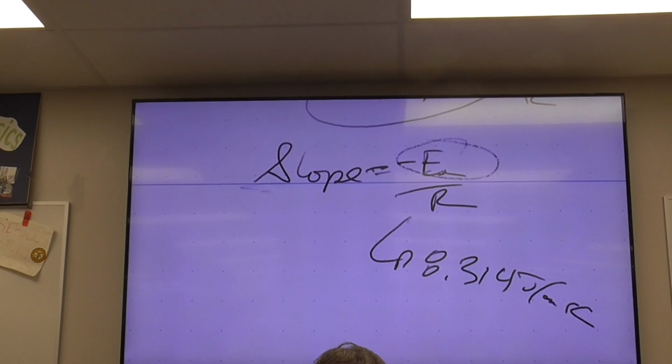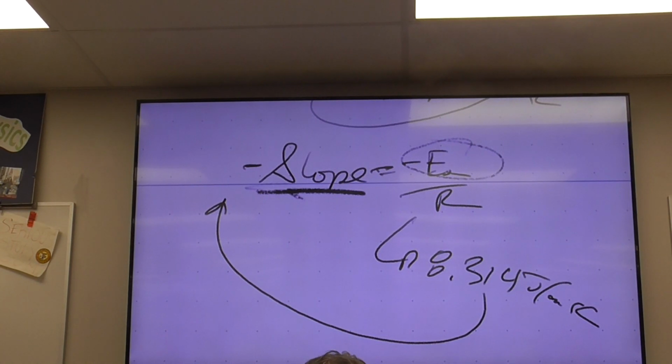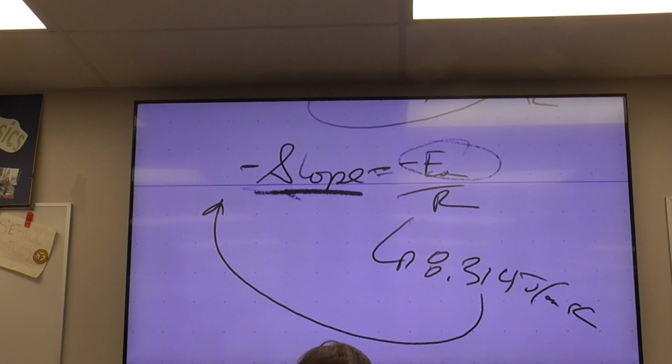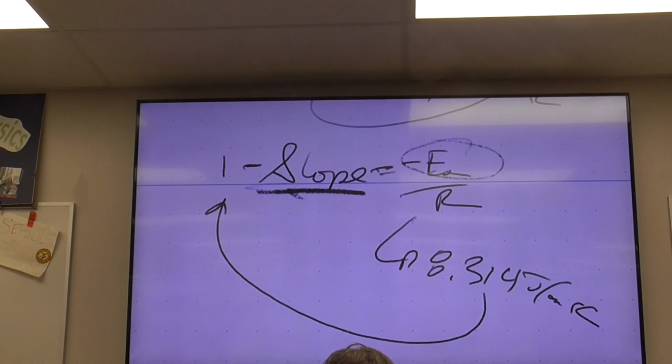You're just going to take that slope, which is a negative number, multiply it by that ideal gas law constant, and this is why the units have to work out. Because your slope is in Kelvin, and that's joules per mole Kelvin, the Kelvins cancel out, you get joules per mole, that's what activation energy is measured in, okay?